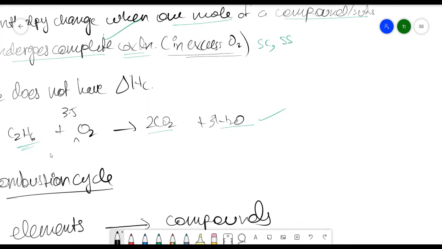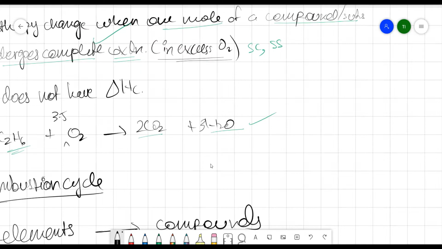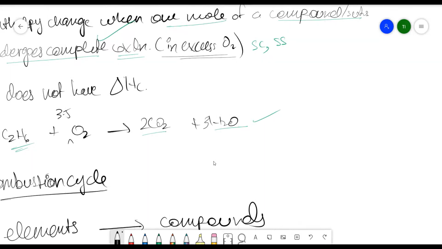So that's ethane, right? What would be the elemental form of ethane? That would be, no, not 3C, it would be 2C plus 3H2, right? That would give you ethane, C2H6.